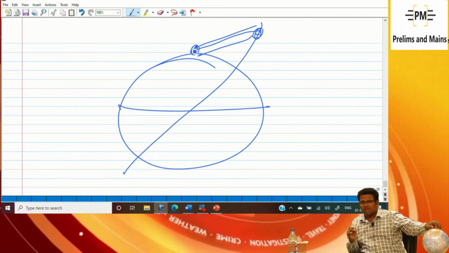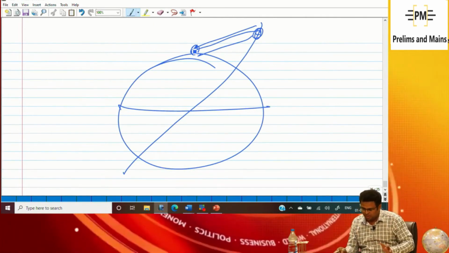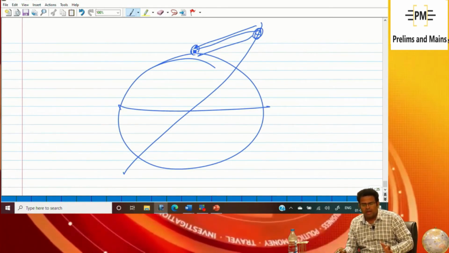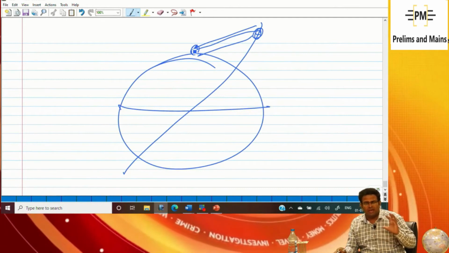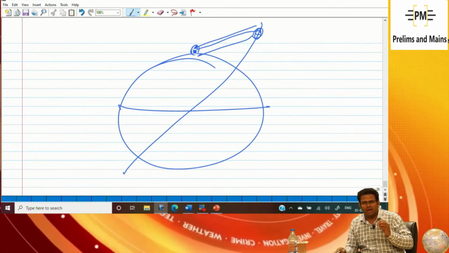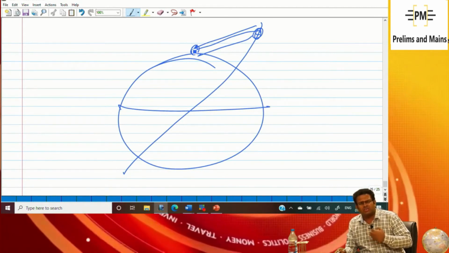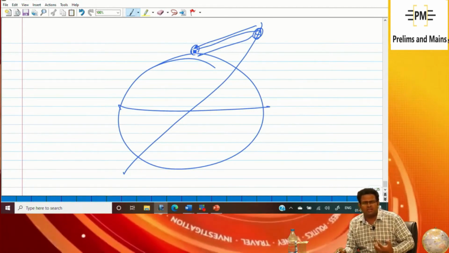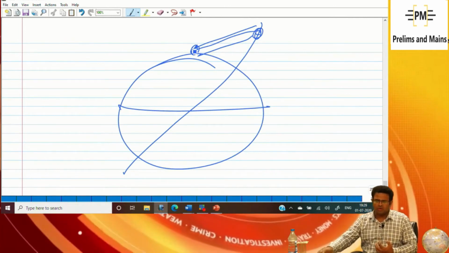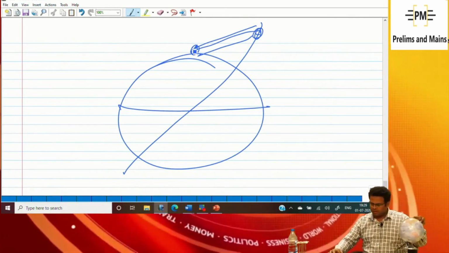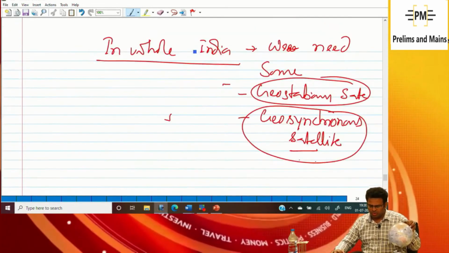Yes, everyone is clear. Geosynchronous, geostationary Earth orbit. Now I have a very important question, beta. If you go and ask any student or teacher, they are not able to give you the answer to this aspect. My question is, here is one figure I have drawn. Just watch it.